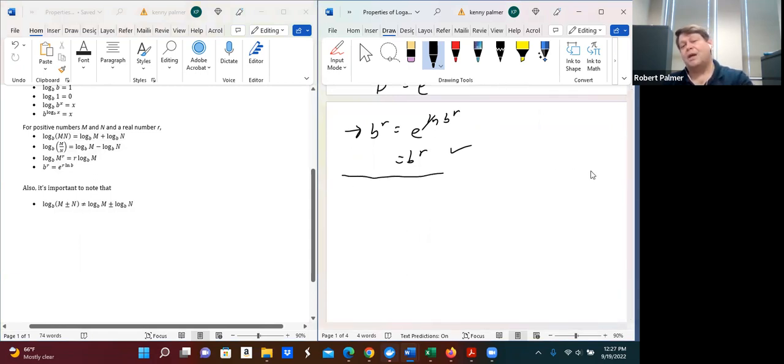Now, let's look at a few examples of first expanding logarithms and then contracting them, writing them as one. So what I want to do here is expand. My direction would be expand using the properties of logarithms.